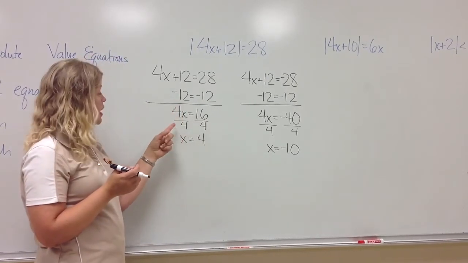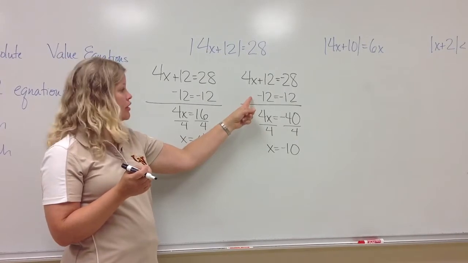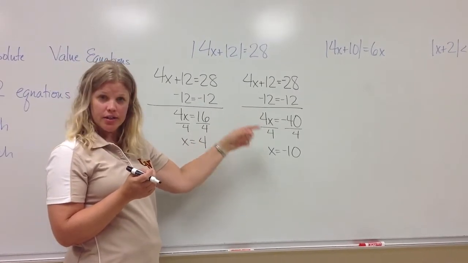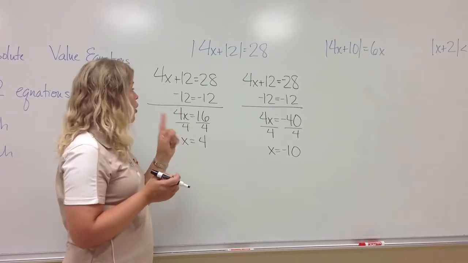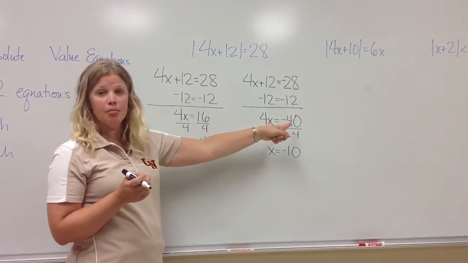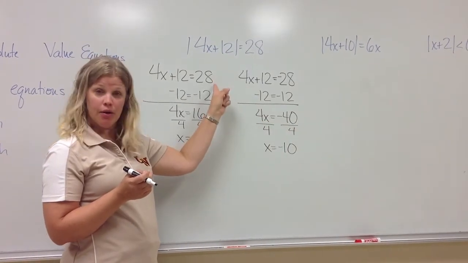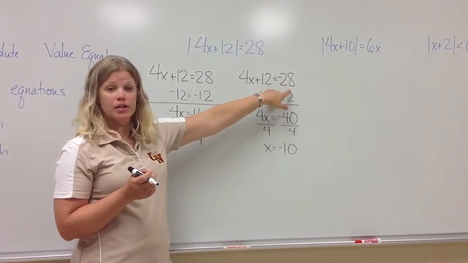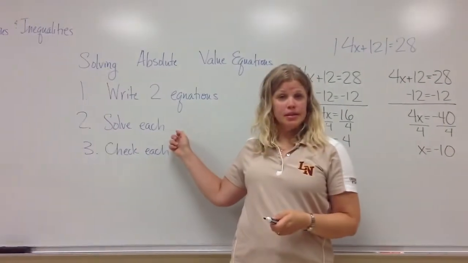Subtract 12 from each side, divide each side by 4. Your steps should be the same each time. What should be different is that number all by itself, because one time we started out with positive 28, one time negative 28. Now, we've completed step 2.